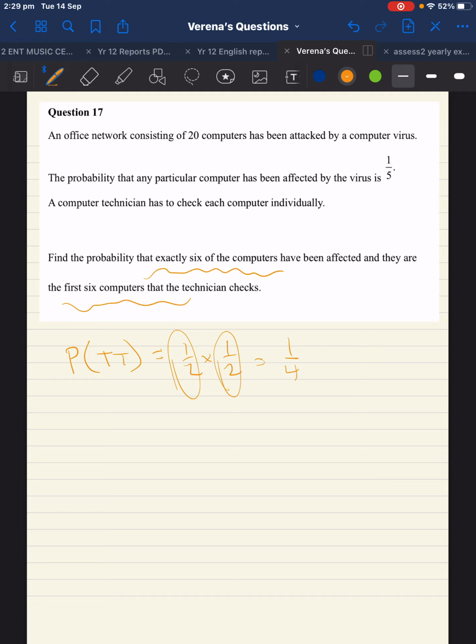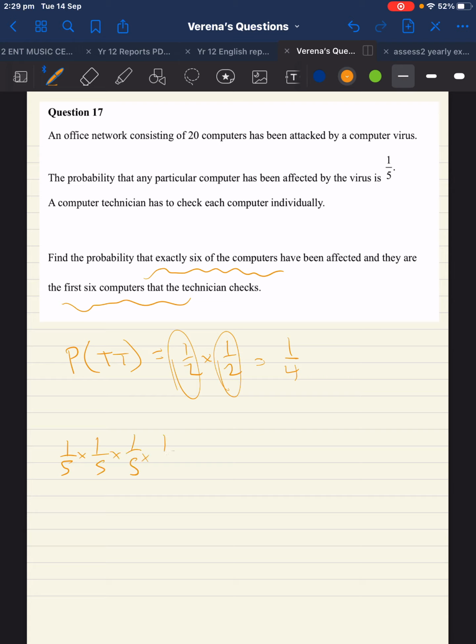Okay, so what's the probability the first one comes out to have the virus? So the technician goes up, randomly picks a computer, checks it. We're after the scenario where the first 6 do. So there's a 1 in 5 chance that the first one has a virus. What's the probability that the second one has a virus? It's a 1 in 5 chance.